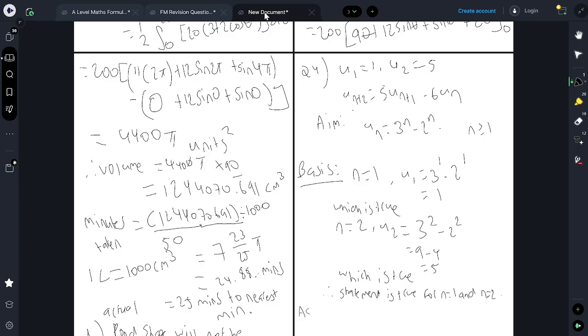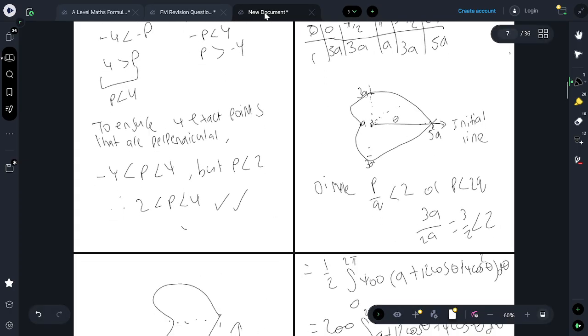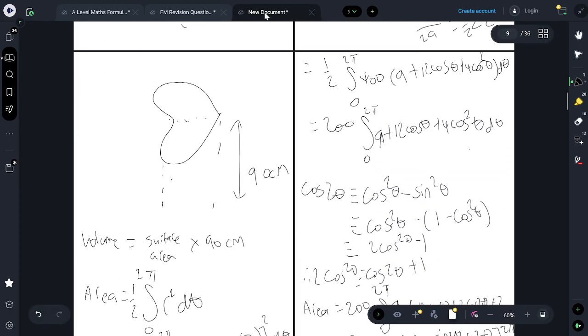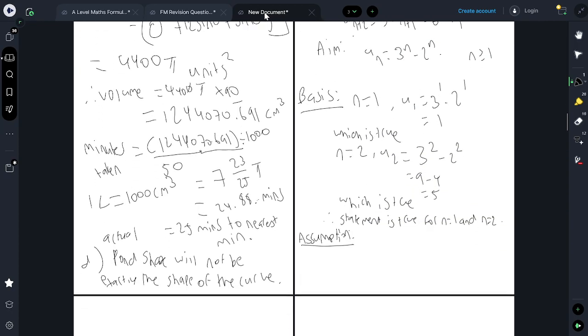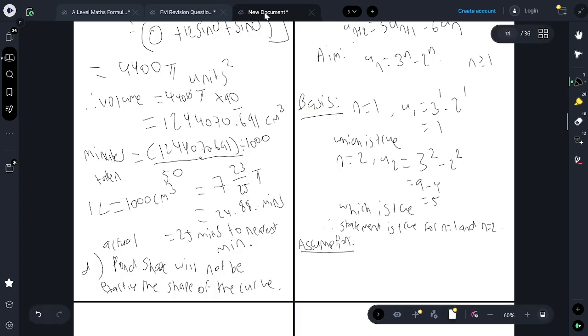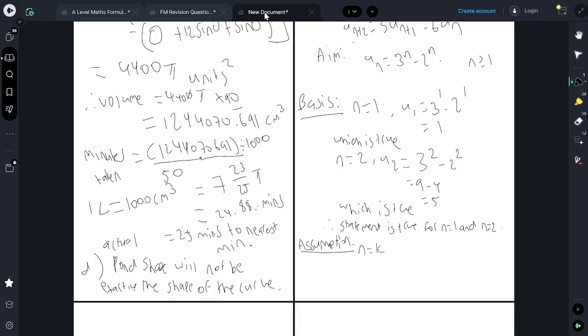Now our assumption, this is where it's going to kick in. Normally, with a normal induction, you'd say n is k, so Uk is 3 to the k minus 2 to the k.